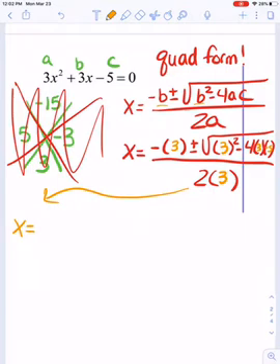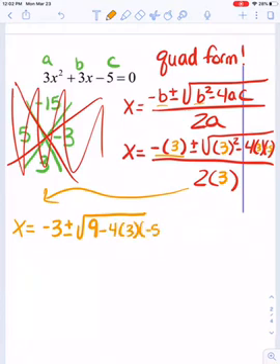So I get x equals, just simplify along the way, I get -3 plus or minus a square root. I got to square it first, so 3 squared is 9. Minus 4 times 3 times -5, all over 2 times 3, which is 6.